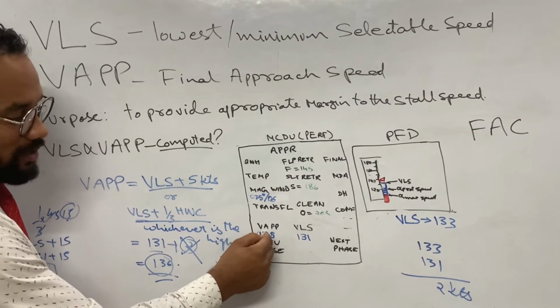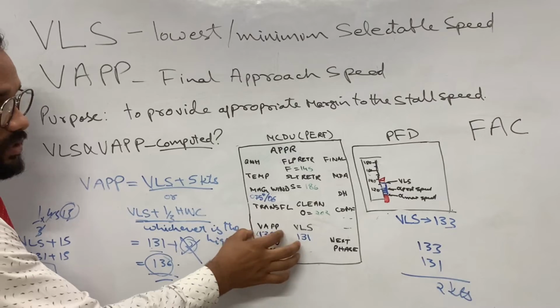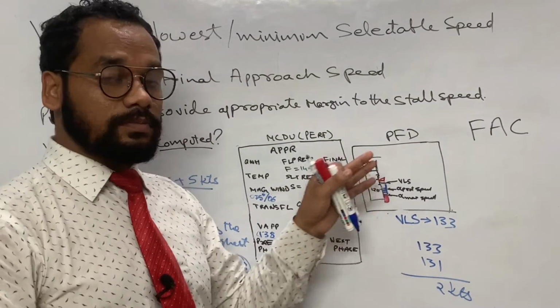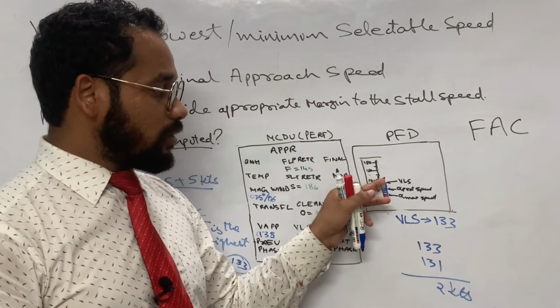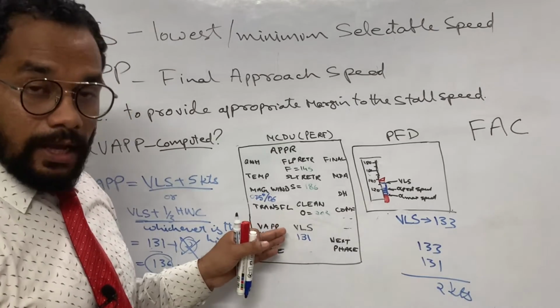Right now it's not written here as 136 because I have modified it. Even the pilot can modify this approach speed, and that is applicable. Like one of the examples I have taken: suppose the VLS indicated on the PFD is higher than the VLS indicated on the MCDU.